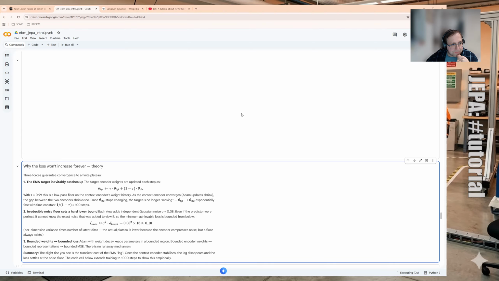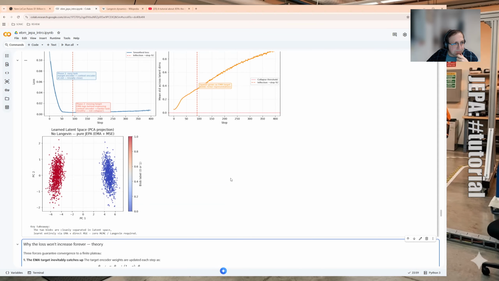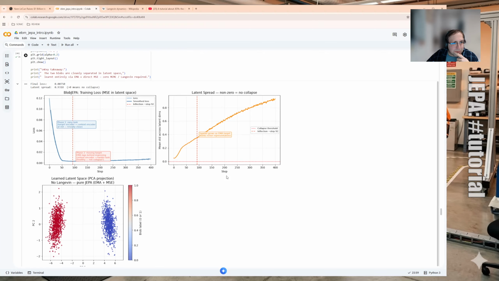Don't get scared. What we see here is where the magic happens. Let me explain from the top left. We run this training for 400 steps, which is the x-axis, from 0 to 400.